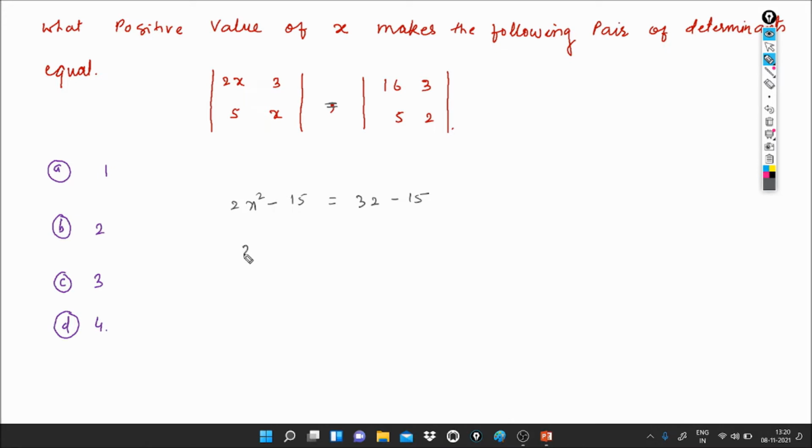So minus 15 will get cancelled. 2x square is equal to 32. x square is equal to 32 upon 2. x square is equal to 16. So x is equal to plus or minus 4. But we have to calculate the positive value of x. So this implies x is equal to 4. So D will be our answer.